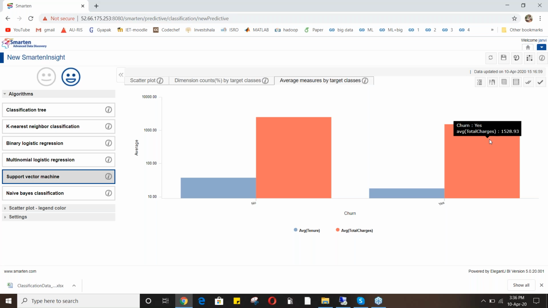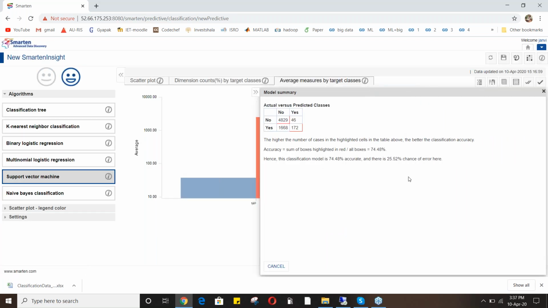And then there is a data science summary. You can look into that, then we can explain it further. Yes. So from this model summary, we can have a look at a confusion matrix. Here the horizontal line is for predicted classes, and the vertical line is for actual classes.